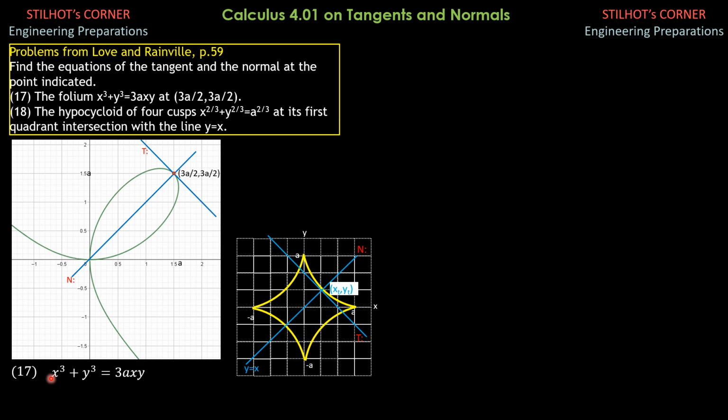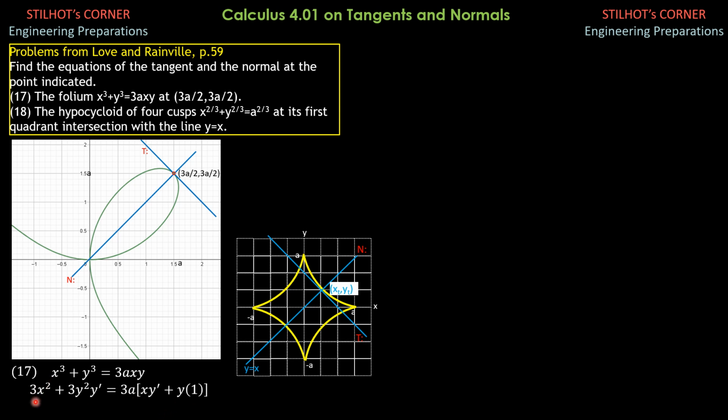The derivative of x cubed is 3x squared, plus the derivative of y cubed, 3y squared y prime, equals 3a, a constant, times the quantity x times the derivative of y, y prime, plus y times the derivative of x, 1. So 3x squared plus 3y squared y prime equals 3a times the quantity x y prime plus y times 1.